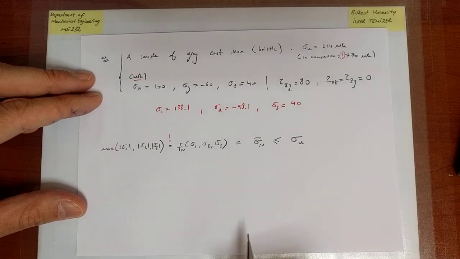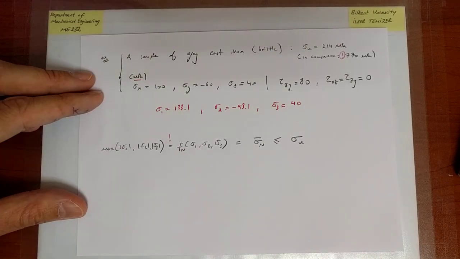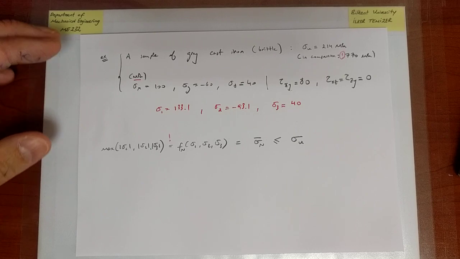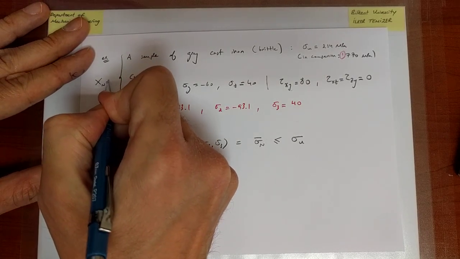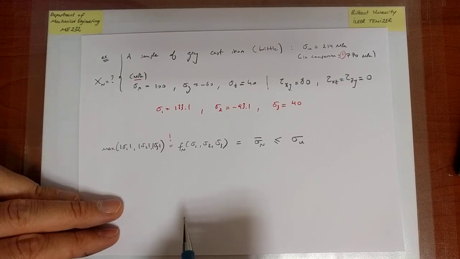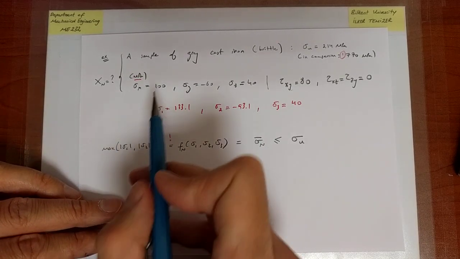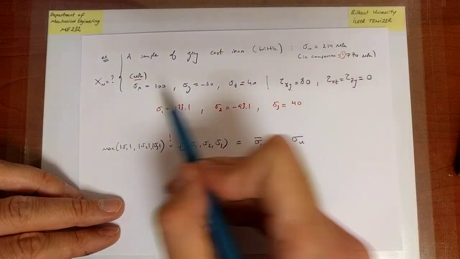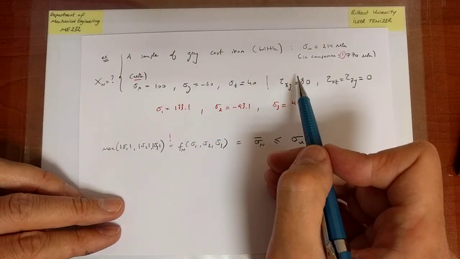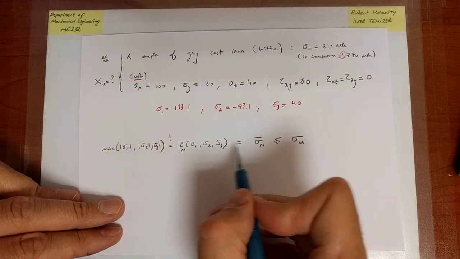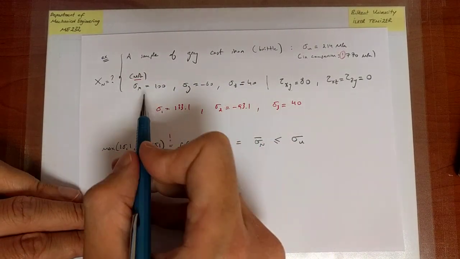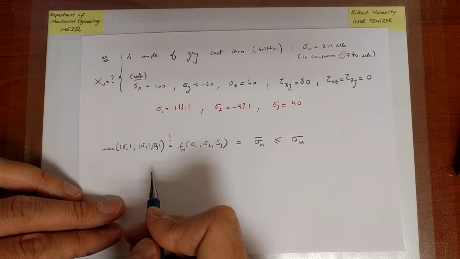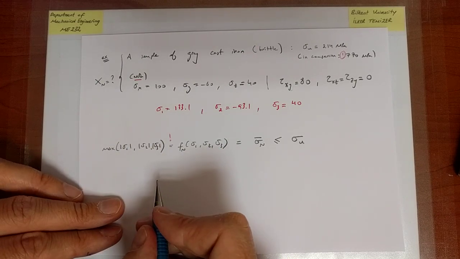Okay, so what we would like to calculate presently is the safety factor against failure. Now the state of stress is a generalized state of stress. It has many stress components. So our idea is to formulate the failure, or predict failure, or safety factor in this case in terms of the principal stresses, and that's why we have calculated the principal stresses.